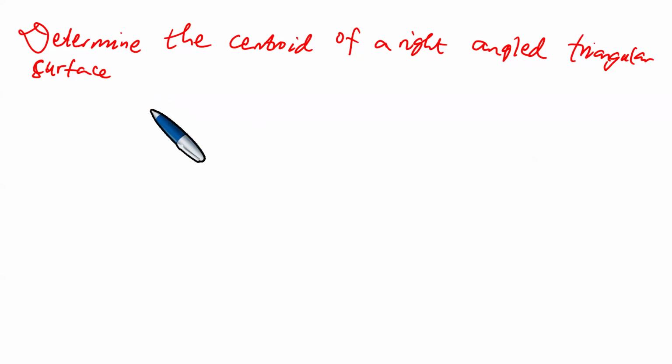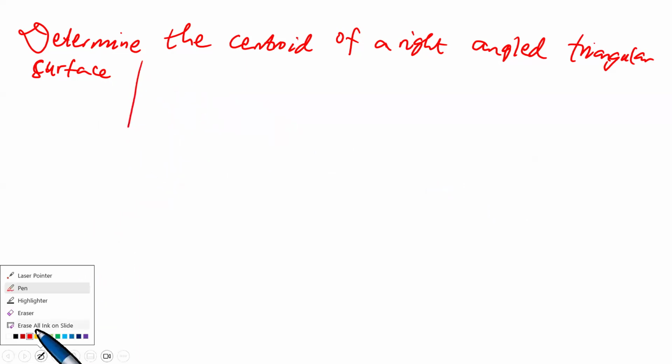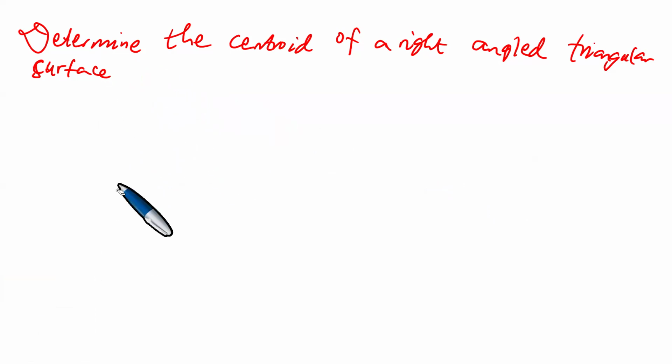You actually have a triangular surface, right-angled. I want us to spend time and do this carefully. You need to make sure you understand this because we shall be practicing the shapes that are popular in this module, like your right angle triangle.